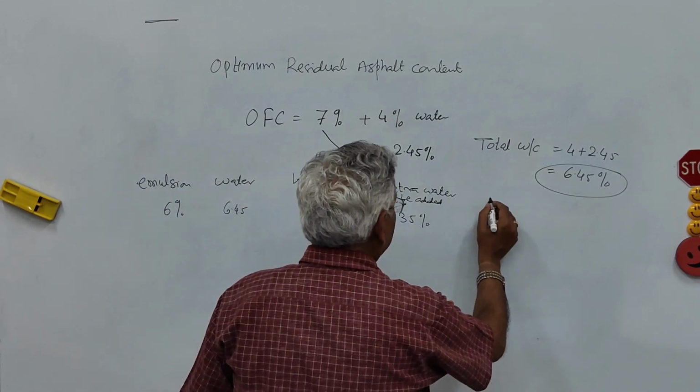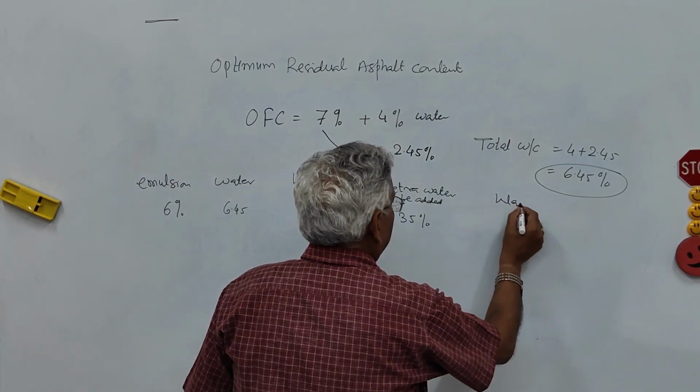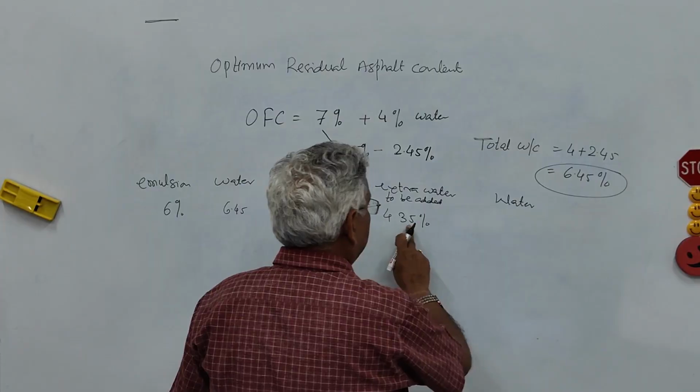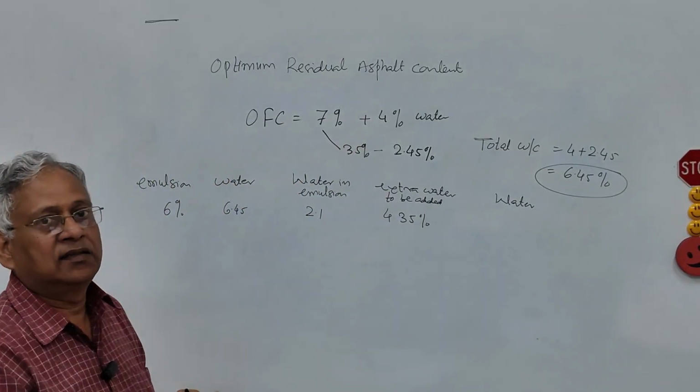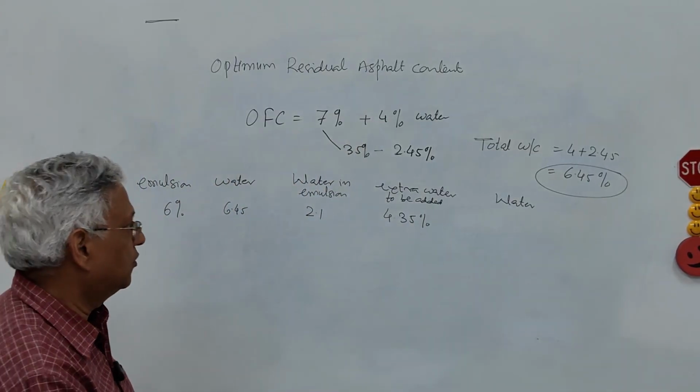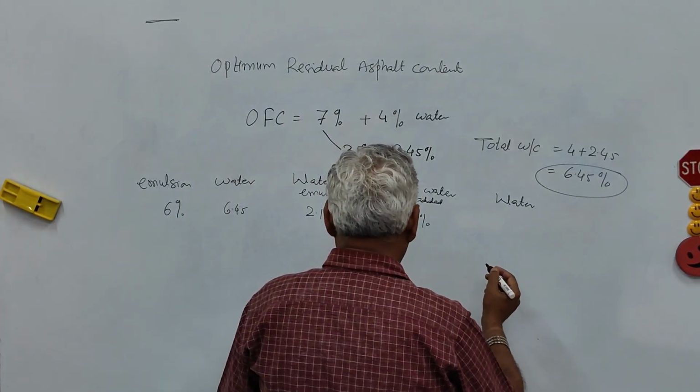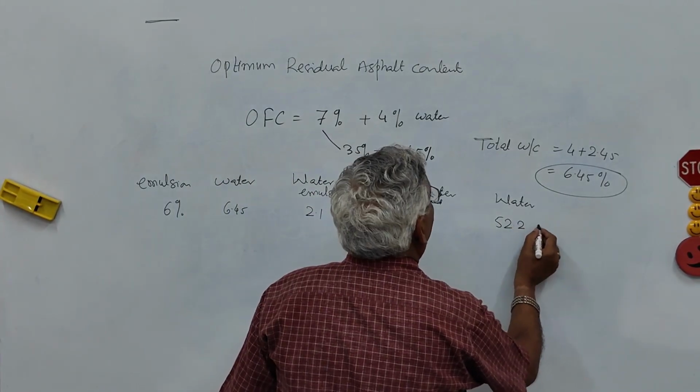So the quantity of water is 4.35 multiplied by 12, because you are taking 1200 grams of dry aggregate for the Marshall specimen, that will be 52.2 gram.